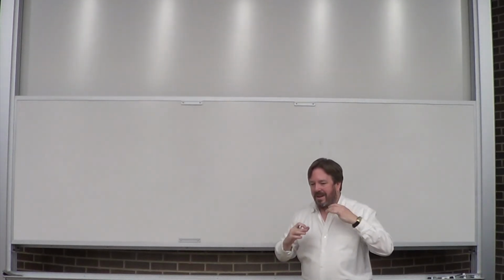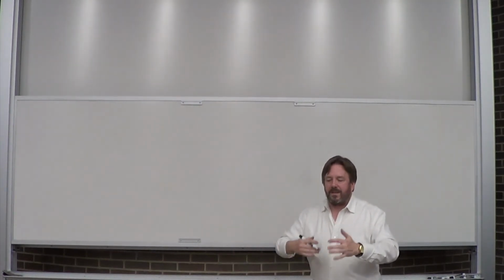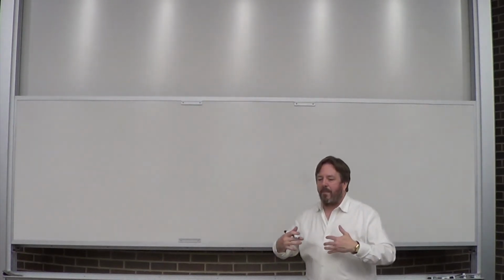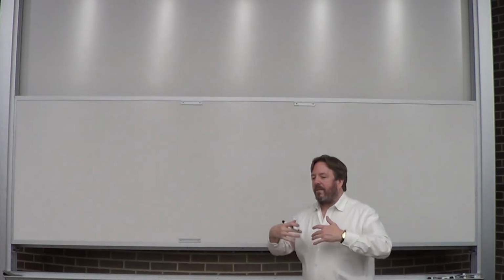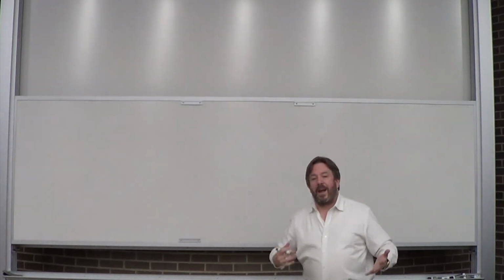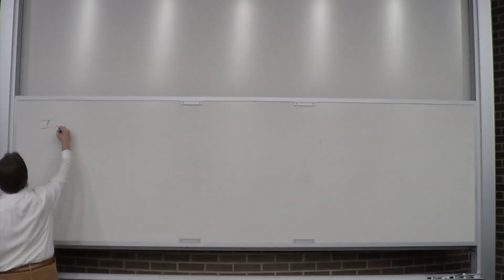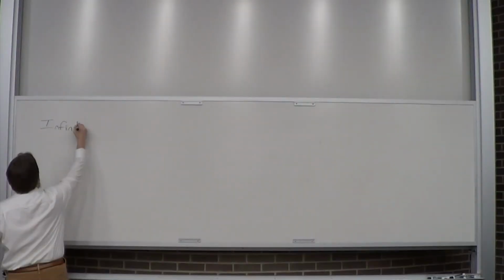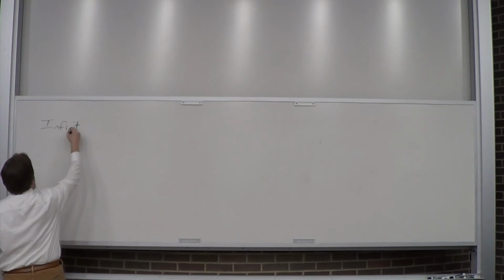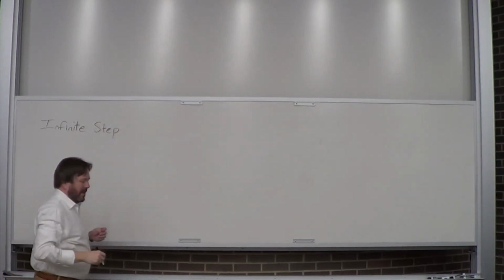As I mentioned, the way the class progresses is we're going to have a model system, a paradigm. They have names: the free wave, the particle in the box, the particle in the finite box. Here's our next one. It is the infinite step.